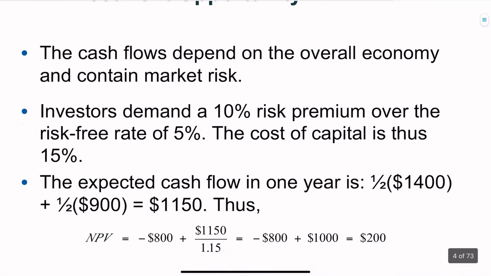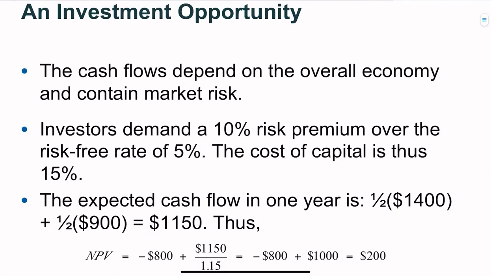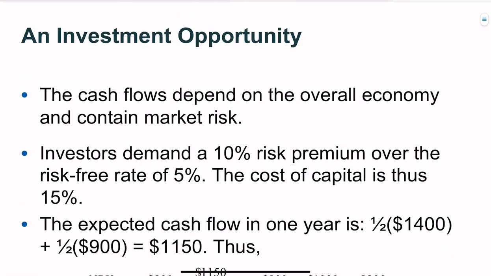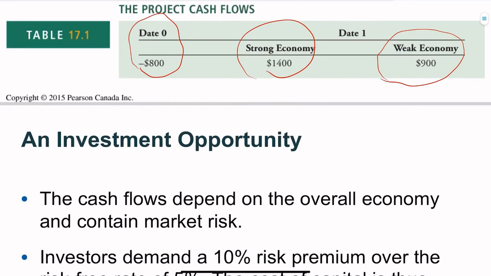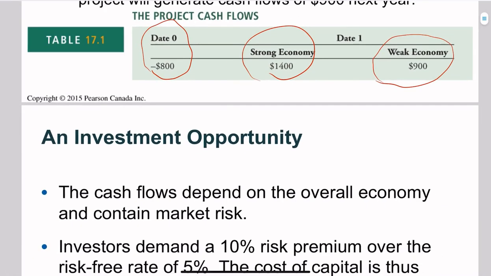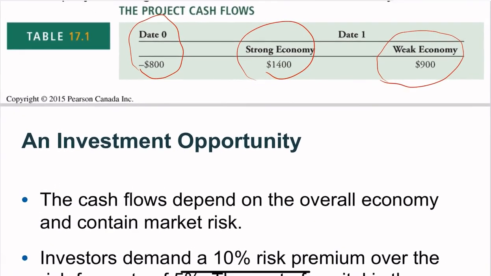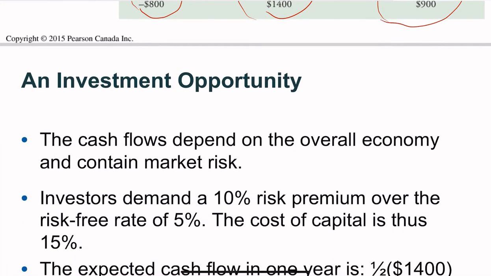On a weak economy, 900. And now first, let's think about this project's NPV. To calculate NPV, you can see here we have cash flows, which is great, but we don't have the cost of capital.